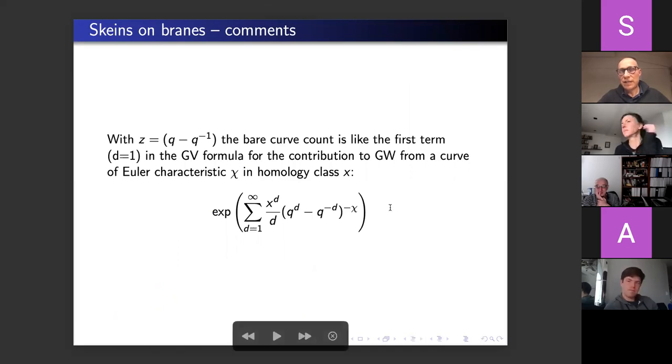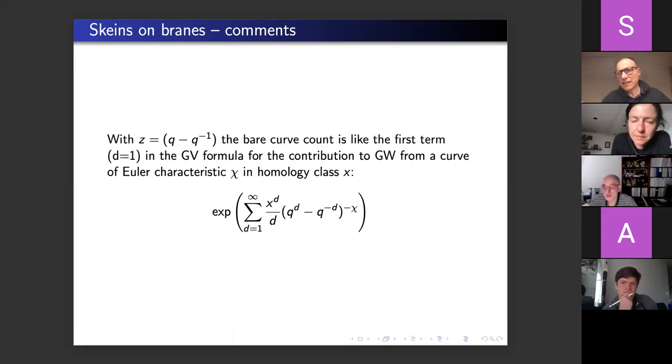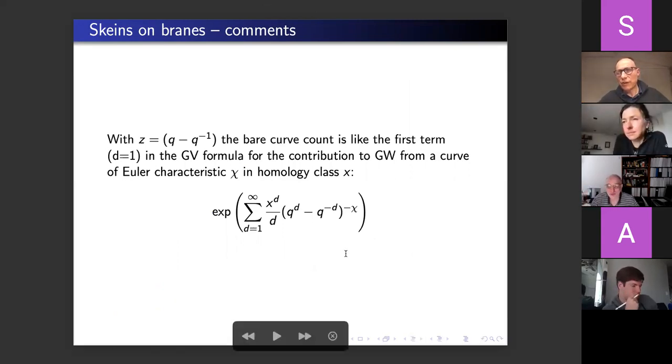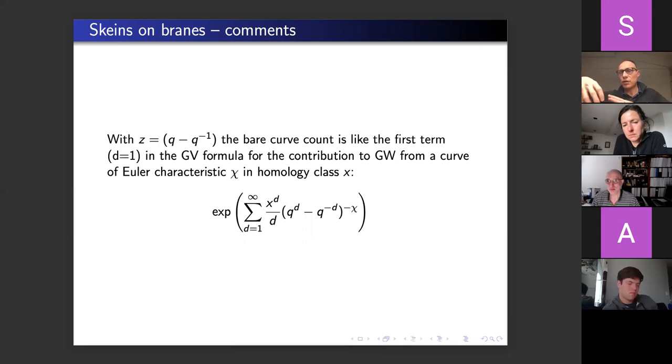Yeah. So in some sense, this Gukov formula, it's not exactly like that, but in this Gukov formula for holomorphic curves, the skeins on branes is some way of perturbing out, and then you can use just the first term of this formula. So if you have one basic disk, you would have to perturb out so that all its multiple covers are no longer multiple covers, they're embedded curves, and then you automatically take care of the attaching of constants.